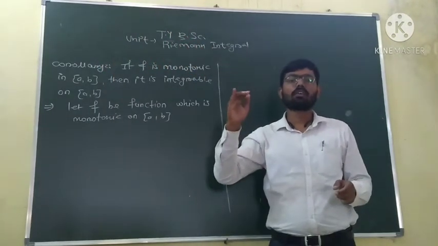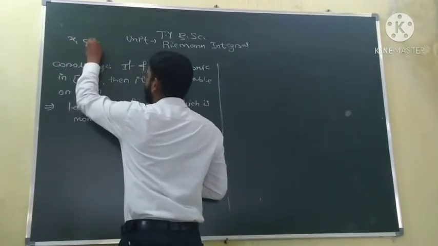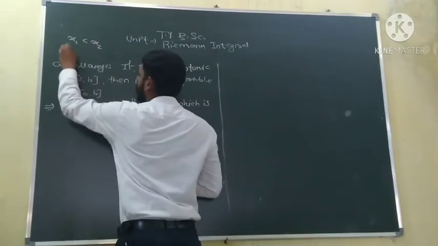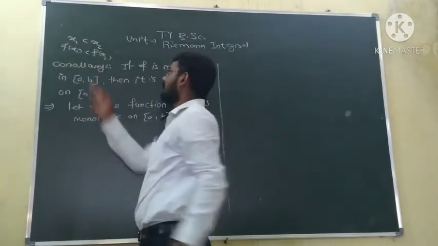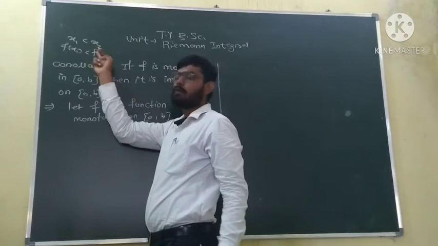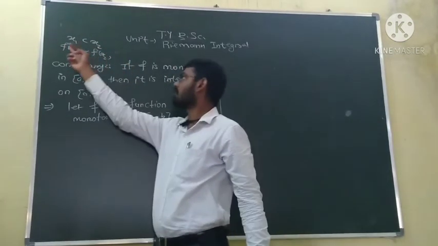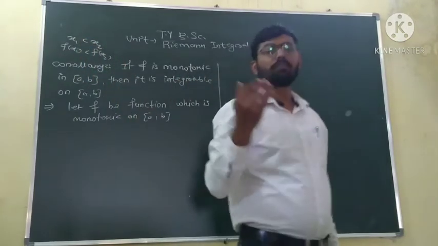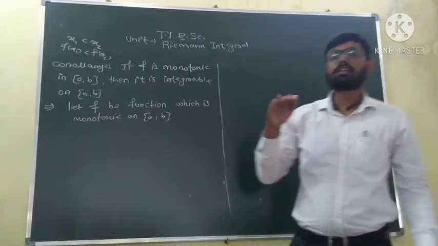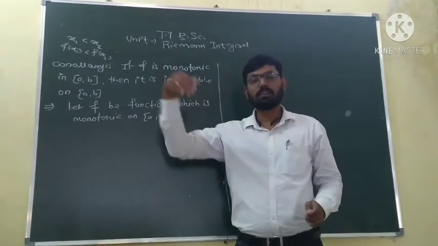It is called monotonic increasing. So f of x2 is greater than f of x1 whenever x2 is greater than x1.